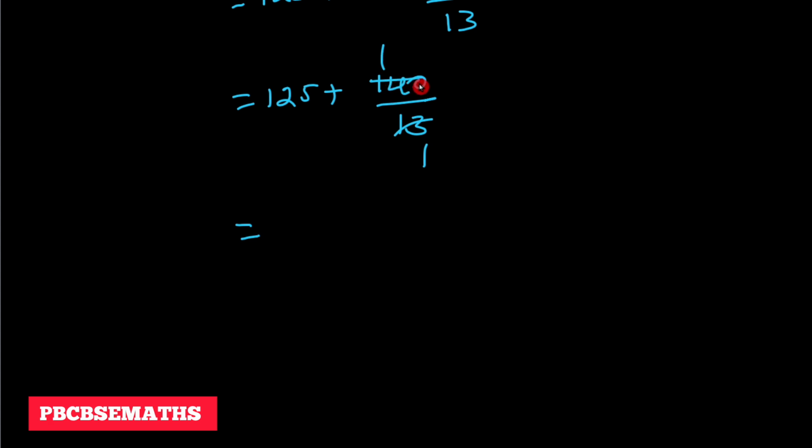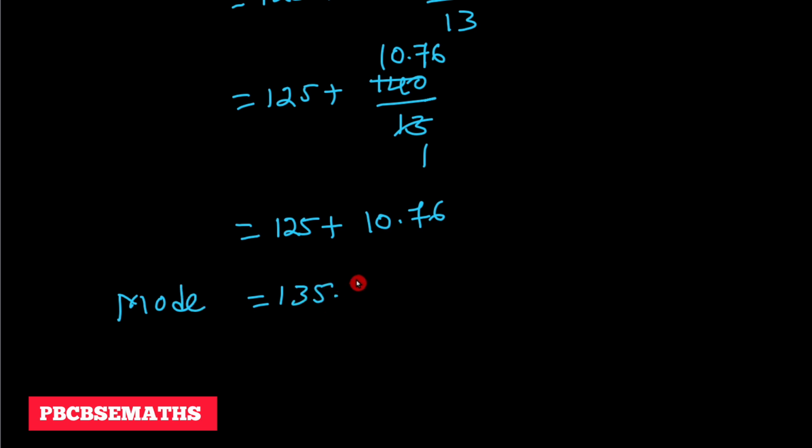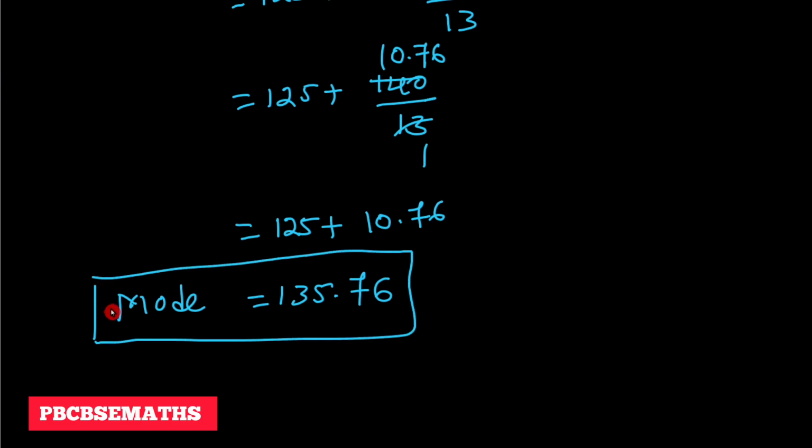Then 1 remains, that becomes 10. So we keep a 0, that becomes 100. 13 sevens are 91. 9 remains, that becomes 90. Then again 13 sixes are 78. So 125 plus 10.76, which means the mode of this given data is 135.76. That is the solution.